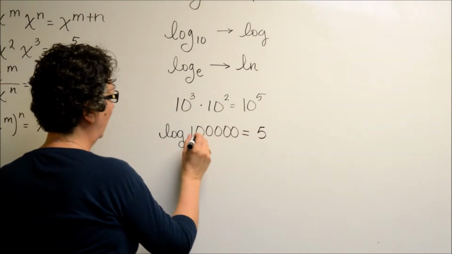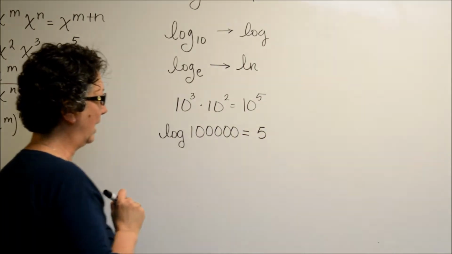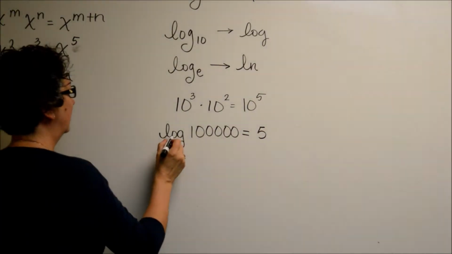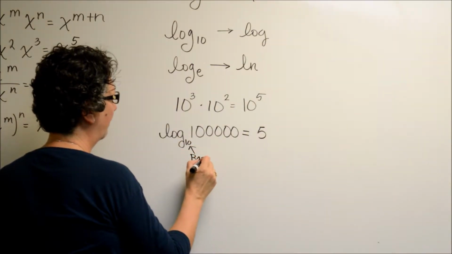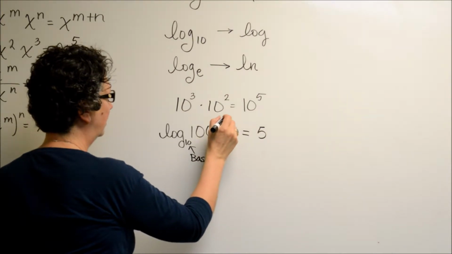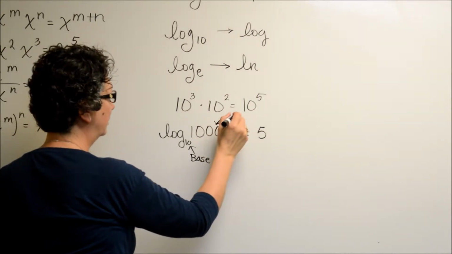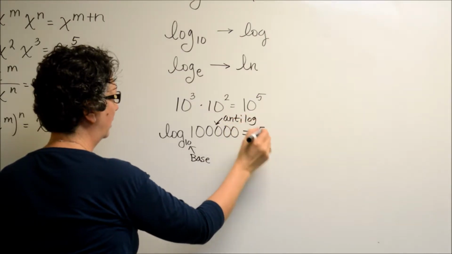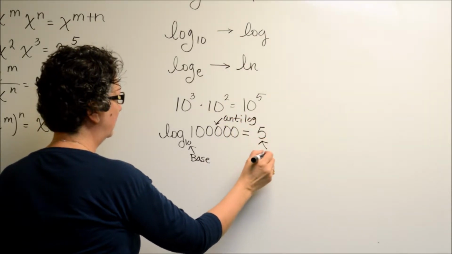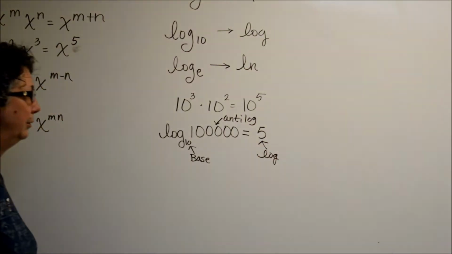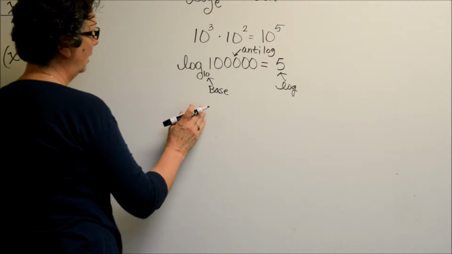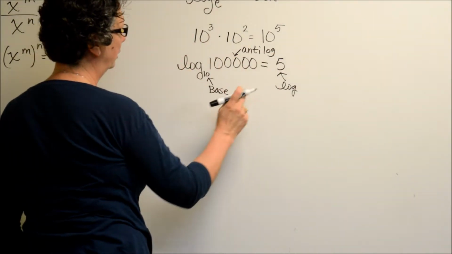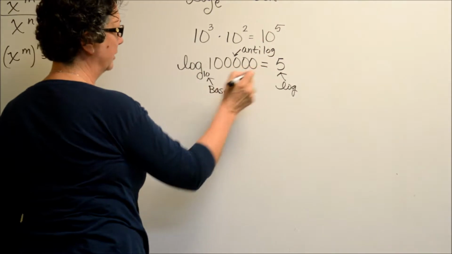That's because 100,000 is 10 to the fifth power. The logarithm says I know the base is 10, and I know the antilog is 100,000. So I'm looking for the exponent, or what we refer to as the log. This one we know because we know our powers of 10.